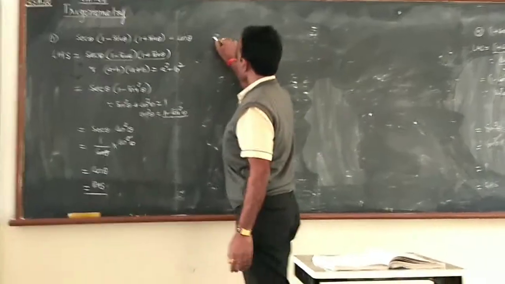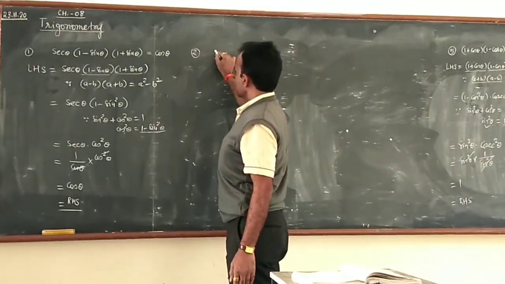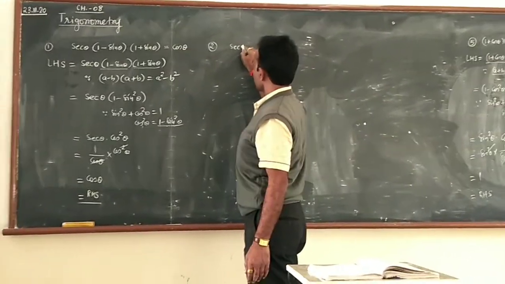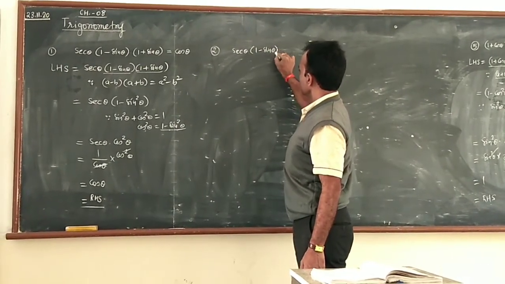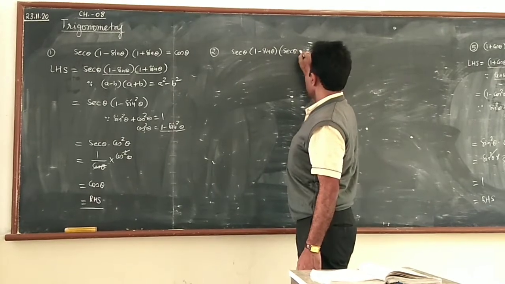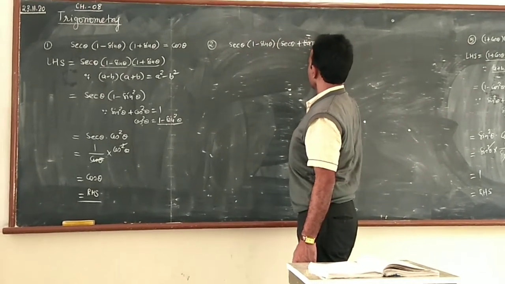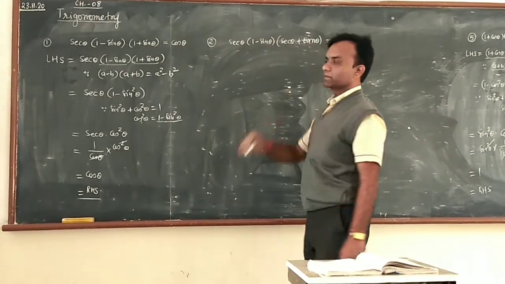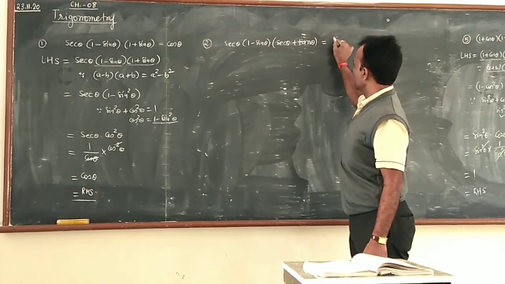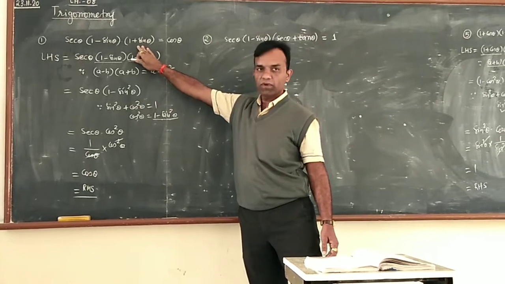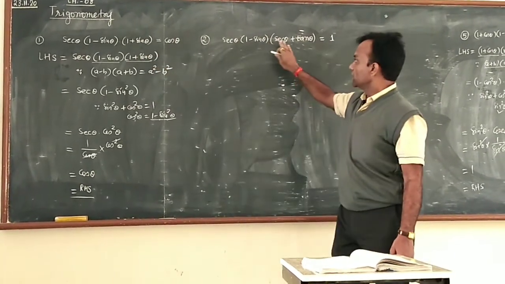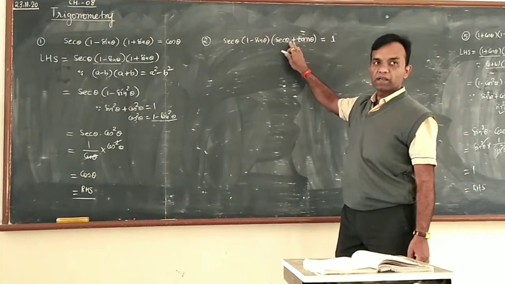Now the same question we have to write down again: sec theta into 1 minus sin theta into sec theta plus tan theta equals what? The result is 1. Only here we change the bracket: in place of 1 plus sin theta, this bracket is replaced by sec theta plus tan theta.